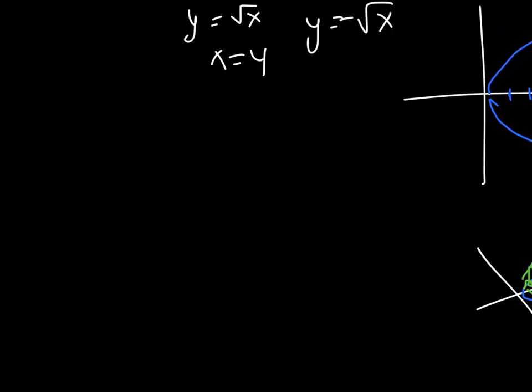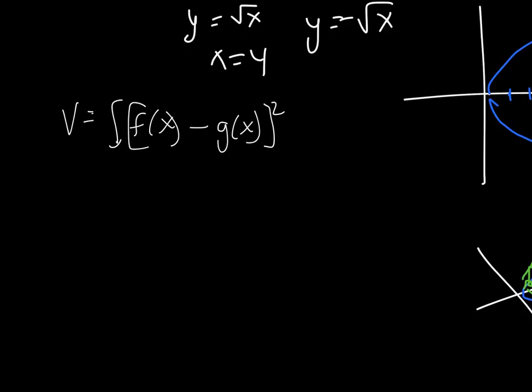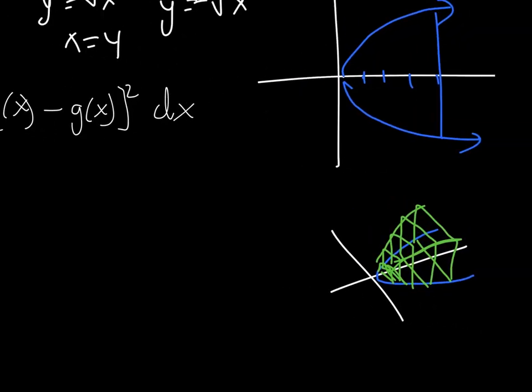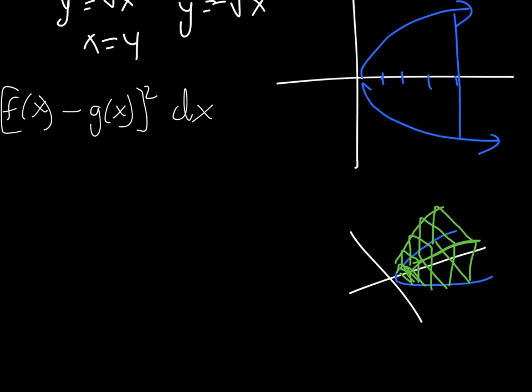My volume is going to be the integral from a to b, and we'll figure that out in a second, of my top function minus my bottom function, squaring that quantity, because I'm doing the area of a square. So I'm really doing base times height, where f of x minus g of x is my base, and multiplying that by dx.